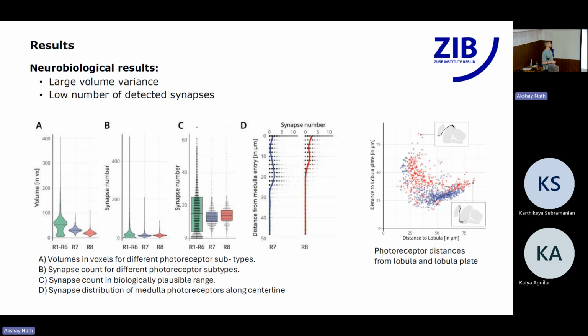Okay, a couple more results. What we have observed is a large variance in volume, and biologically this does not make great sense, but we have an explanation for it. As I said, this is the dataset with 50 randomly selected images.